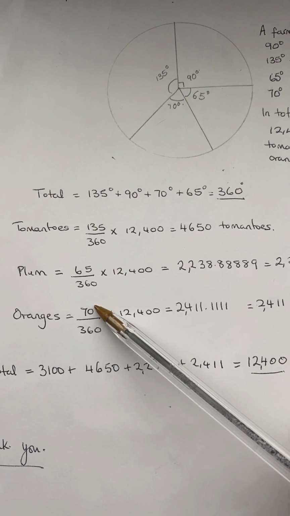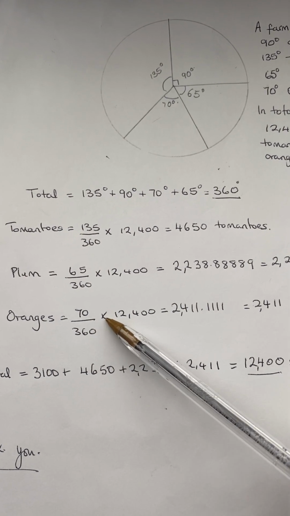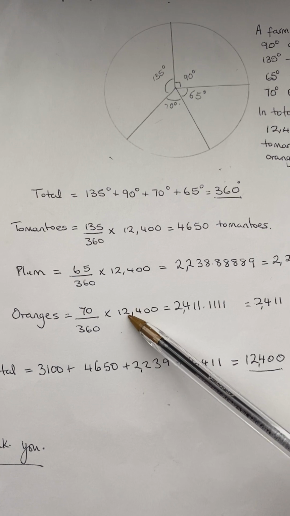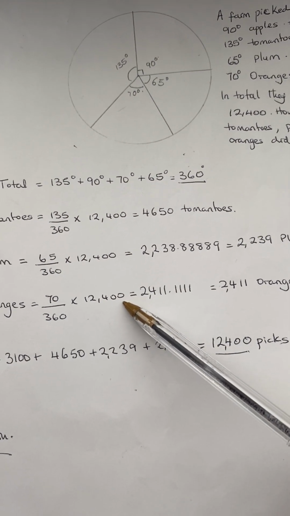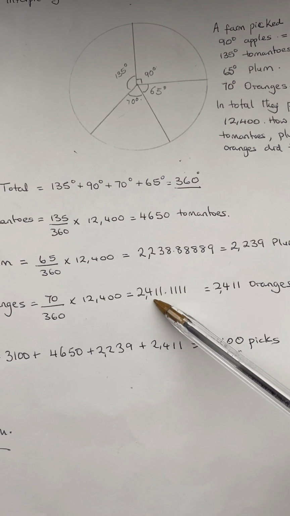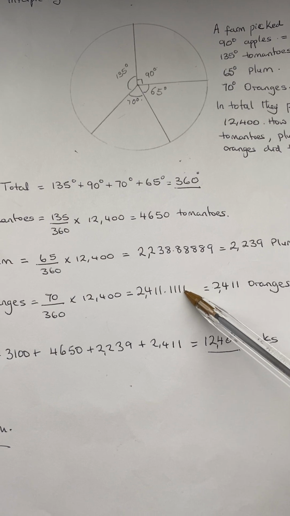Oranges represent 70 degrees because we've been told here. So 70 again divided by 360 on the calculator, and then you multiply by 12,400. Here too you have 2411.1111.